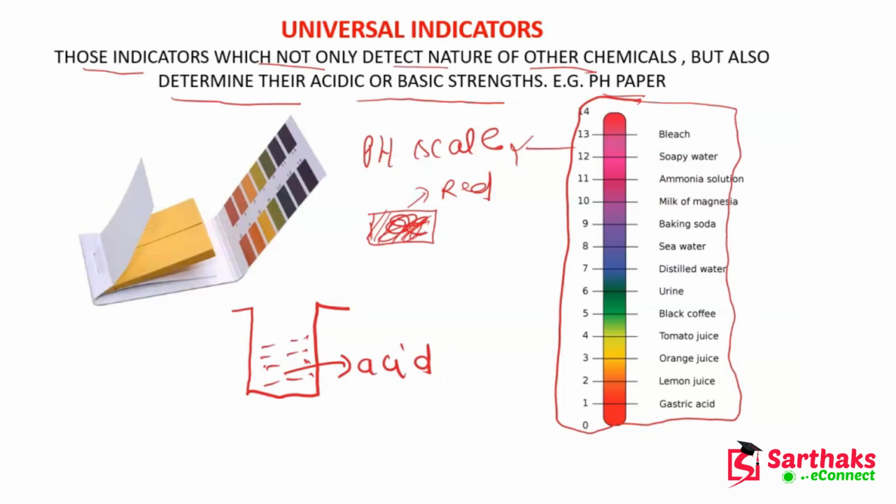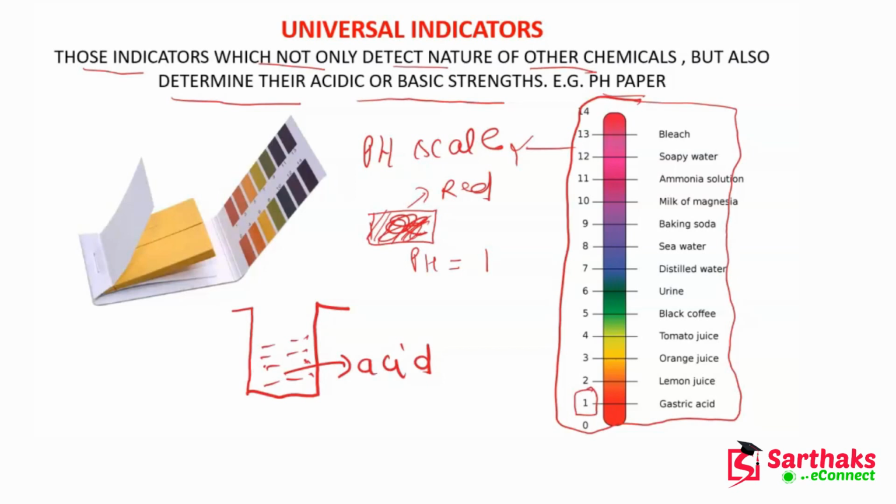Here also you can see the color is red. So it means the pH of this acid is 1, and this is acidic in nature.